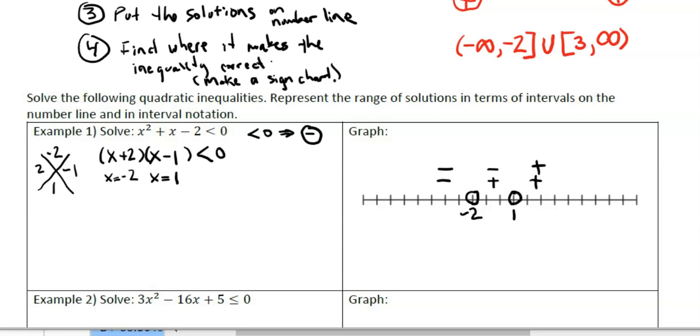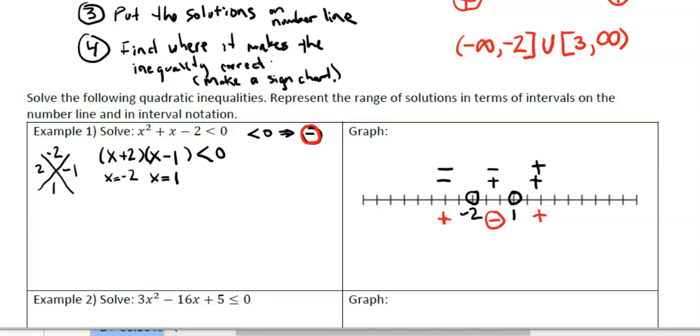And then we want to go through and figure out, okay, so negative times negative is positive in this space. Negative times positive would be negative here, and positive times positive would be also positive. And we go back and think, okay, we were looking for numbers that were less than 0. Less than 0 is negative.